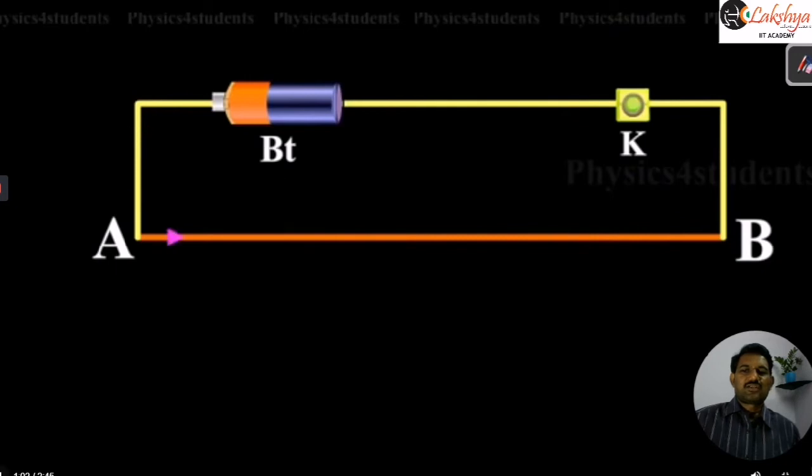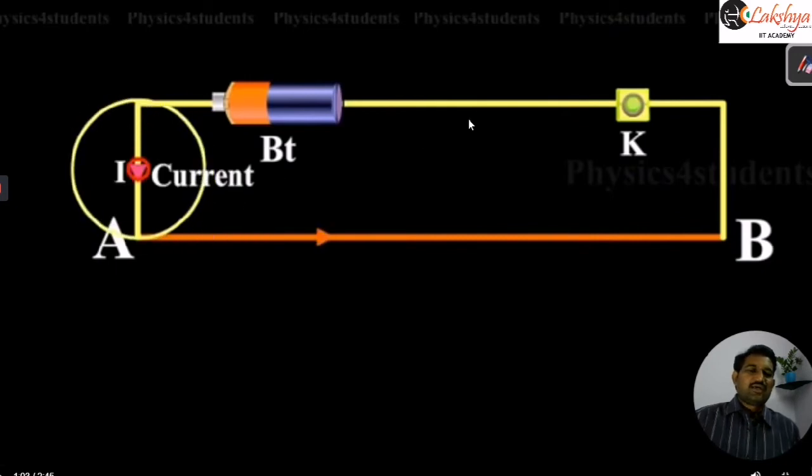Here it is not shown, but there may be a rheostat or variable resistance, or in some circuits it may not be there. In numericals also sometimes they won't mention the series resistance or the rheostat, so here also the rheostat is not shown. Practically, if you are doing the experiment, generally we connect a rheostat or some resistance there.